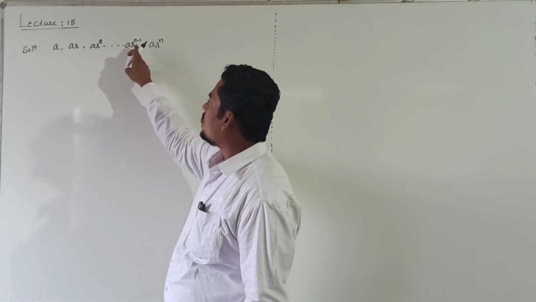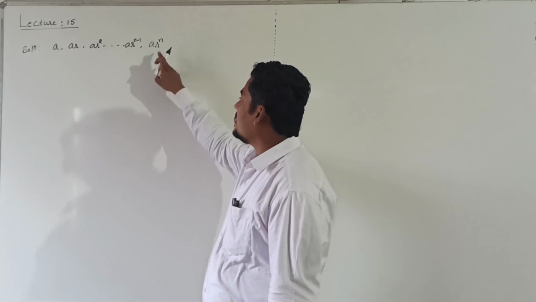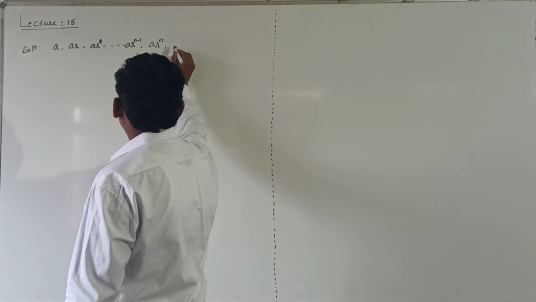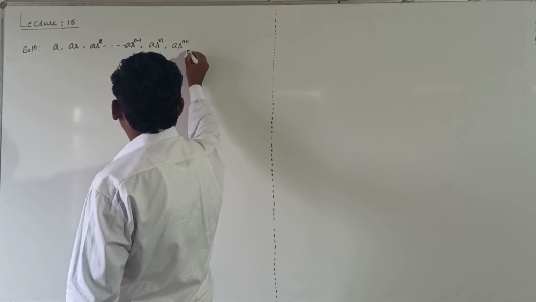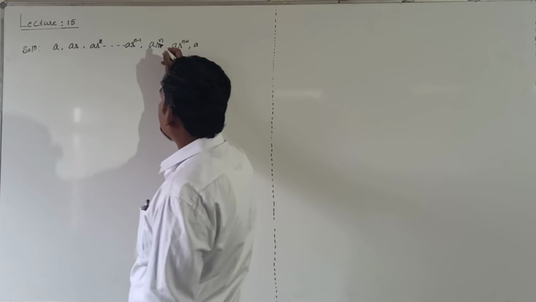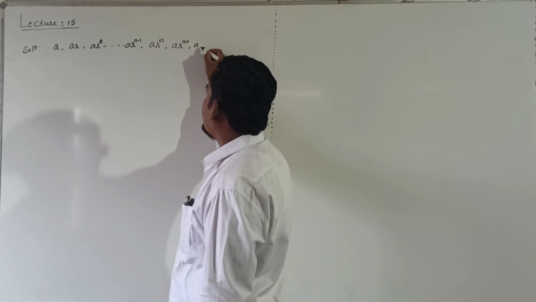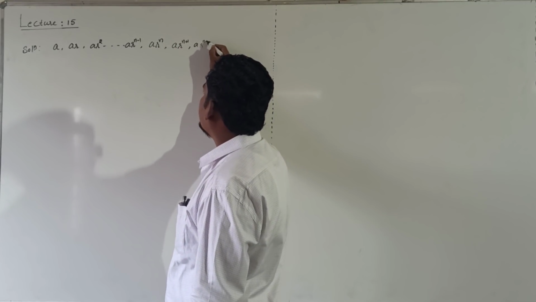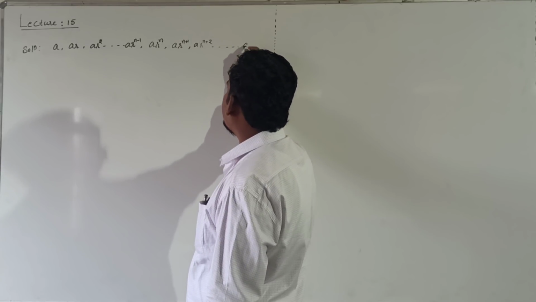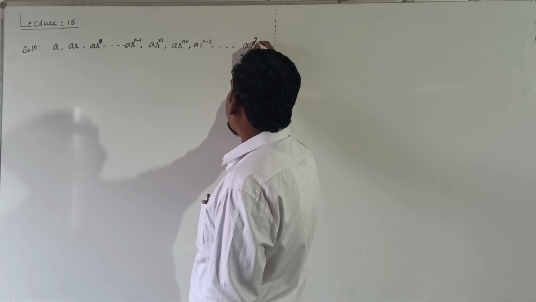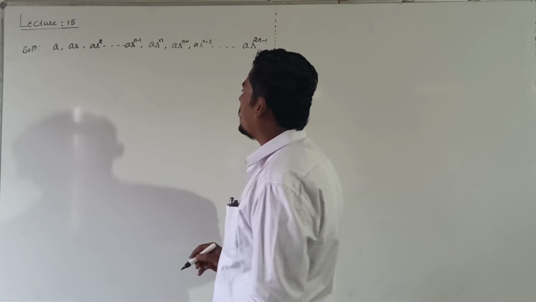The nth term is a into r power n minus 1, then the n plus 1th term is ar power n, after that ar power n plus 1, ar power n plus 2 and so on. What is the 2nth term? a into r power 2n minus 1.